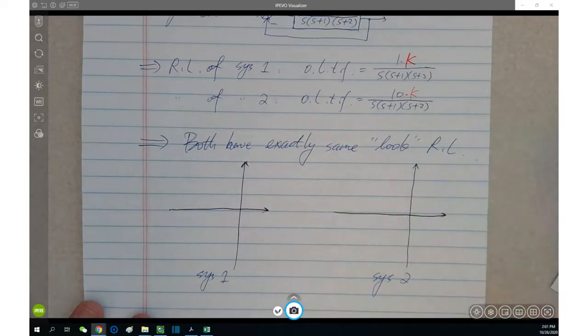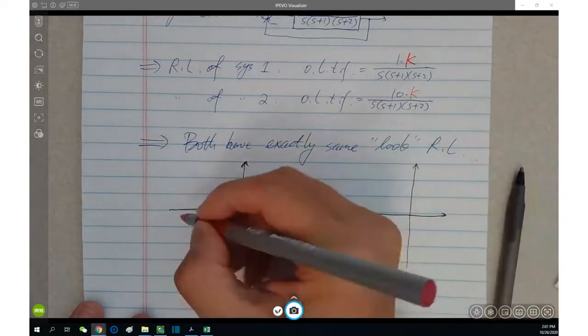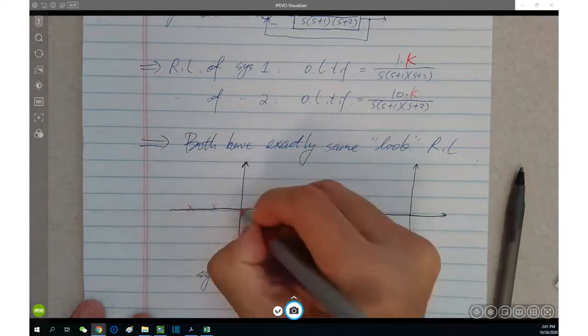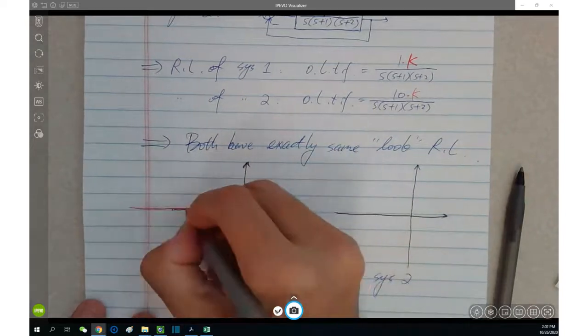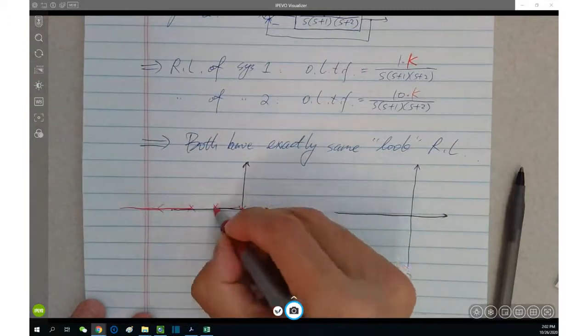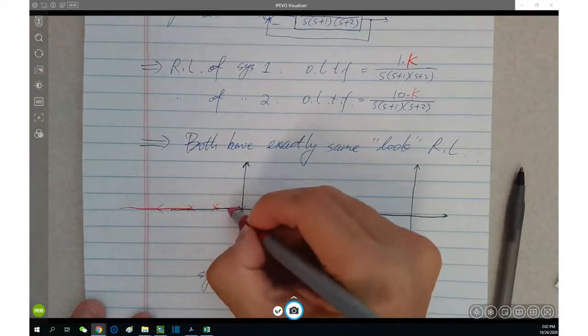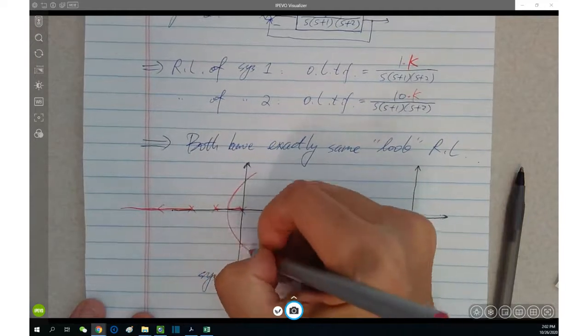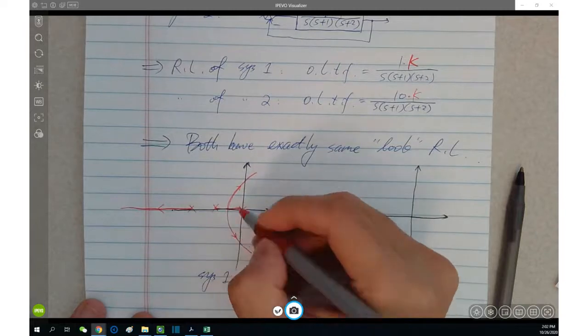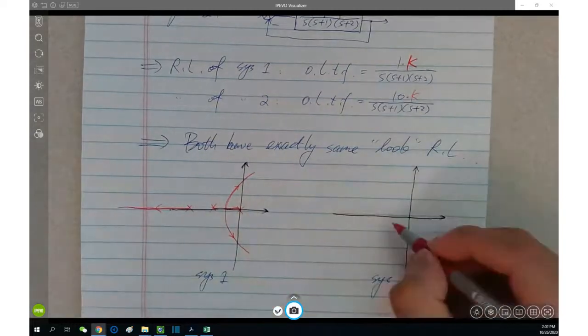We don't need to know how to plot them. Let me just present the root locus. System 1 root locus looks like this. Maybe we learn how to plot them next lecture, I believe, but now let's try to understand them better.